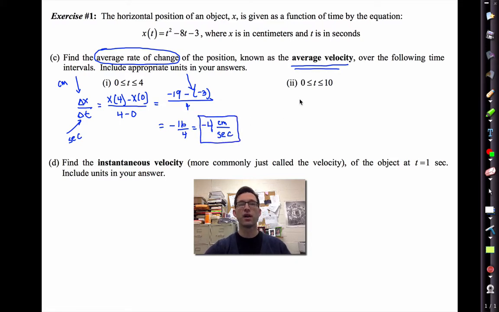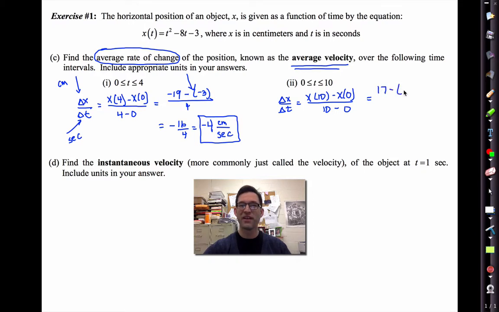Let's do the average velocity from 0 to 10. Why don't you pause the video right now and do that calculation? All right. Let's take a look at it. So in this case, right, delta x divided by delta t is going to be the position at 10 minus the position at 0 divided by 10 minus 0. The position at 10 ends up being 17, right?